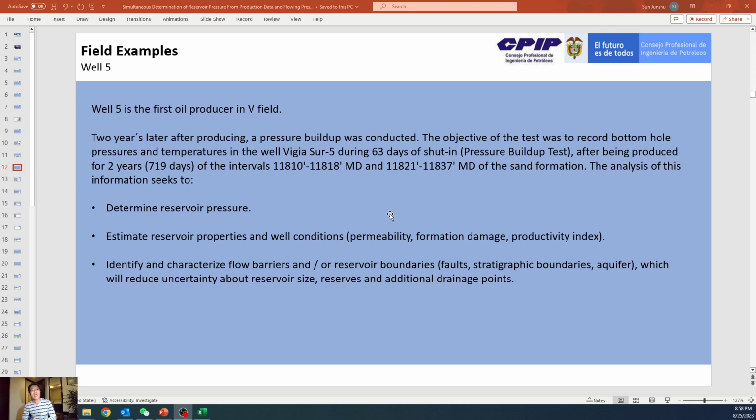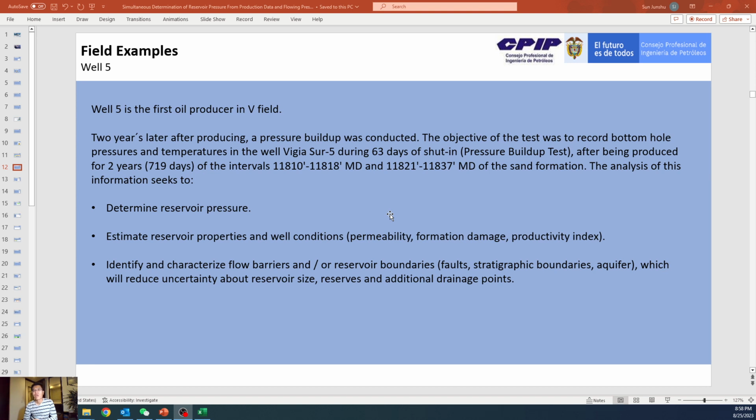Let's see the first well, well 5. Well 5 is the first oil producer in V field. 2 years later, after producing, a pressure buildup was conducted.